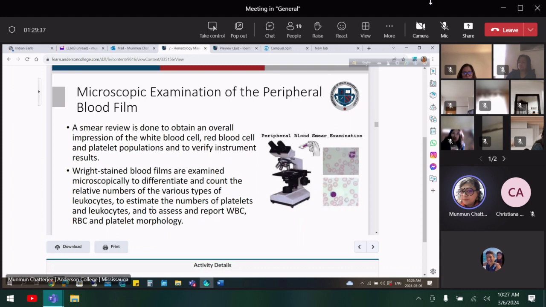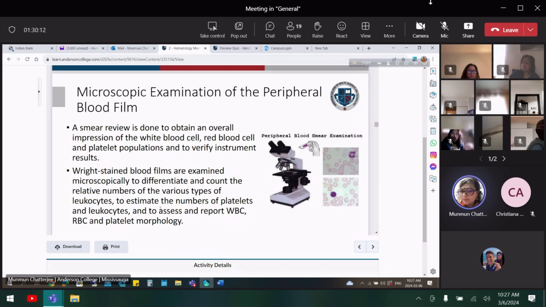When you count the relative numbers of the various types of leukocytes, what is it called? Not the white blood count, which is the WBC or leukocyte count. It is called the differential count.